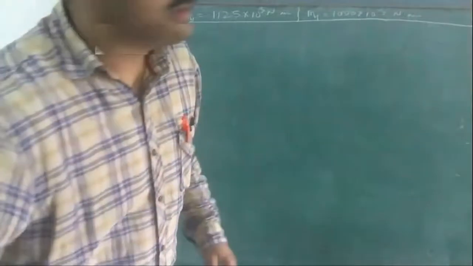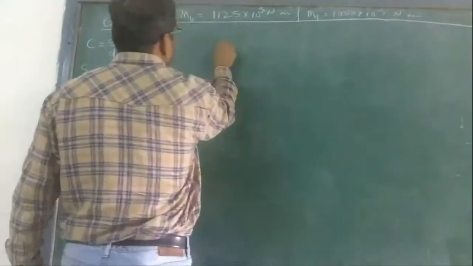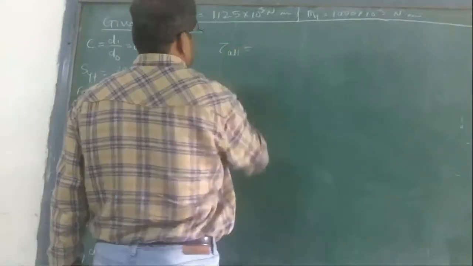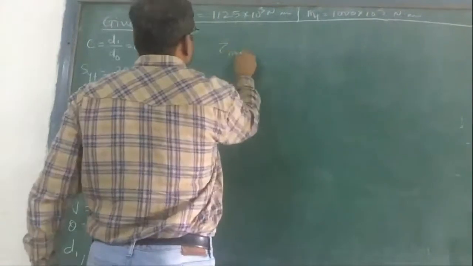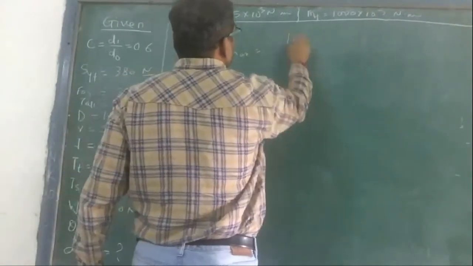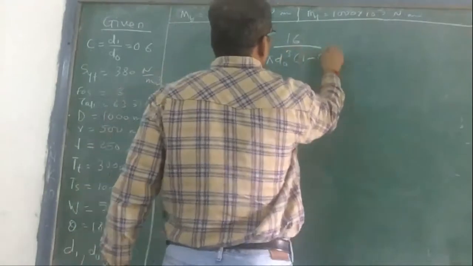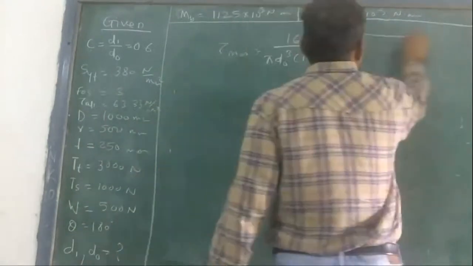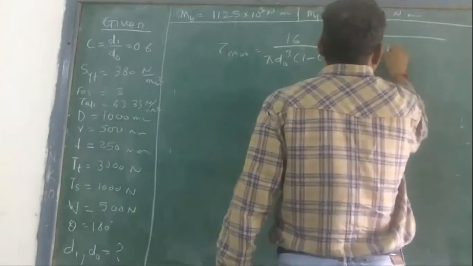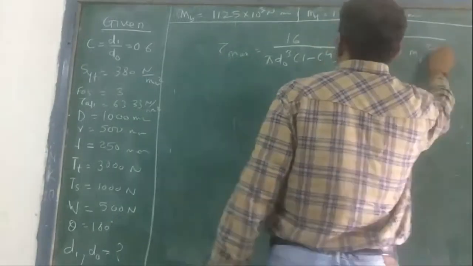Now we know this equation: tau allowable, or tau max, is tau allowable. But we'll write that here. Tau max is equal to 16 upon pi dO cubed, 1 minus C raised to 4, root of MB square plus MT square. Now let's put those values.